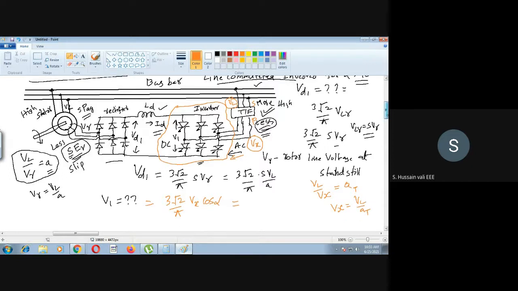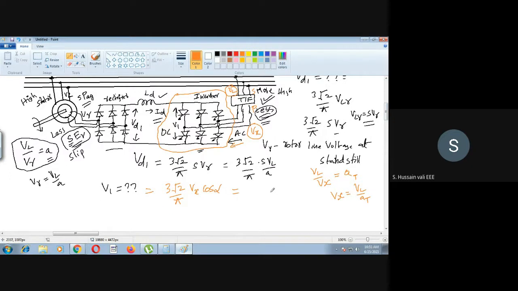The purpose of doing this is that we want to convert everything into VL so that the remaining variables stay. So we get V1 equal to 3 root 2 by pi VL by AT cos alpha.